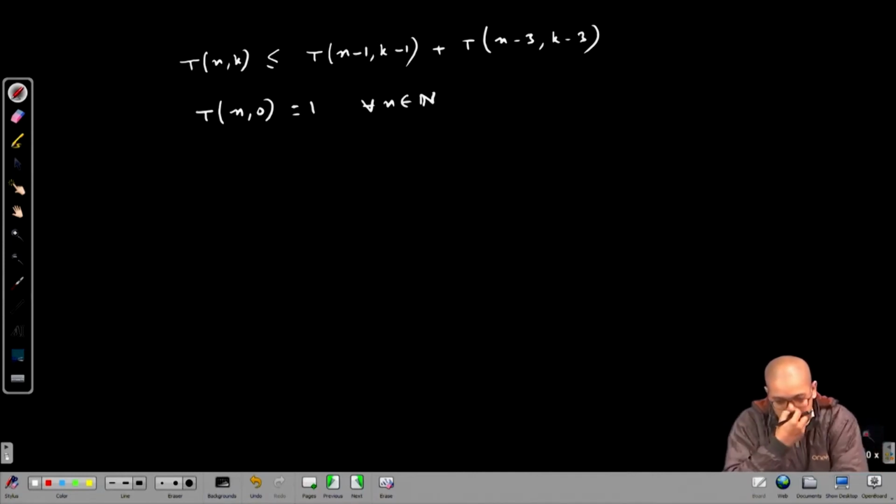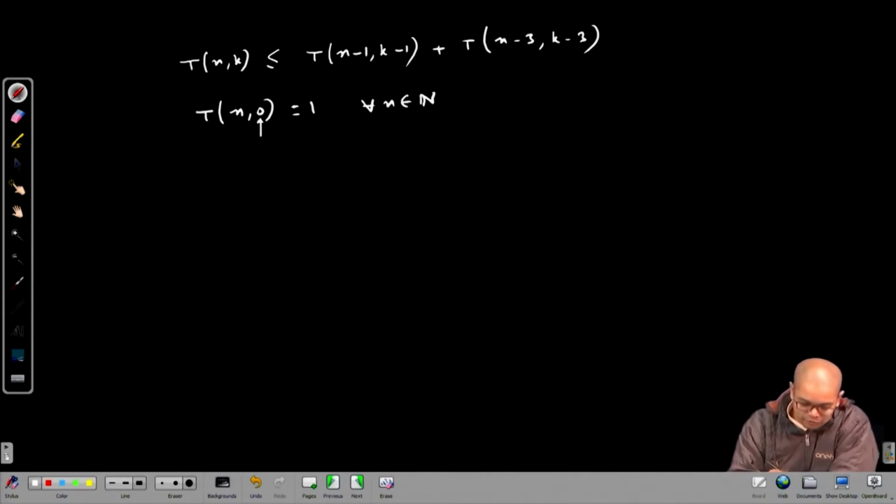Because n and k are dropping by the same quantity, the recursion tree will hit k at 0 at the leaf. So it is enough to focus on k, because it will be a function of k only.